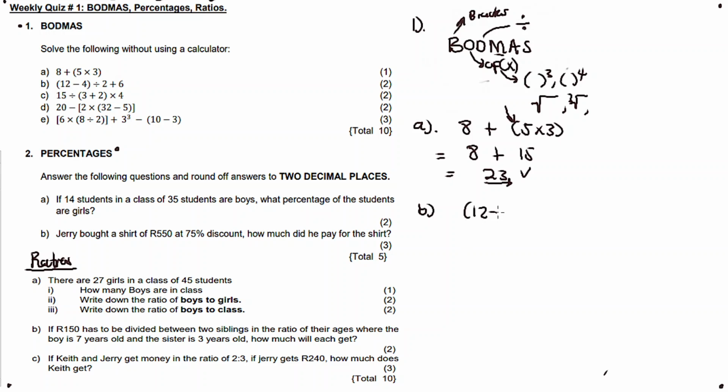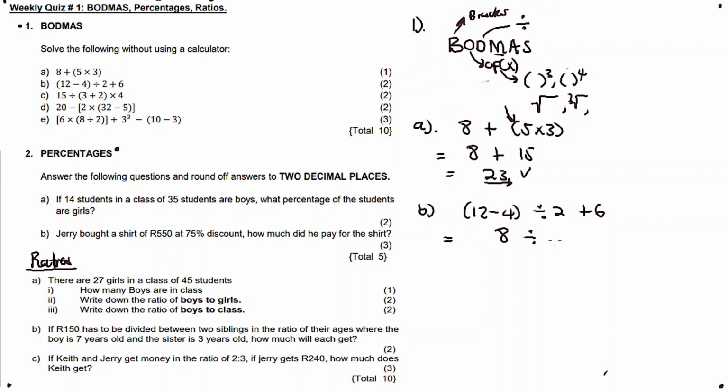Then we have 12 minus 4 in brackets, divided by 2, plus 6. Again, going back to our BODMAS rule, we start with the bracket, so we solve what's inside. 12 minus 4 is 8.